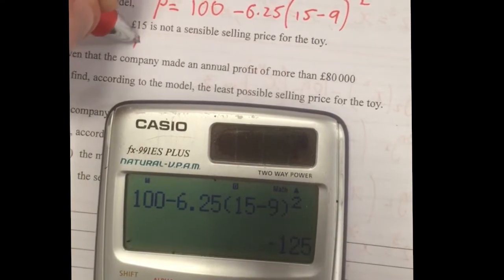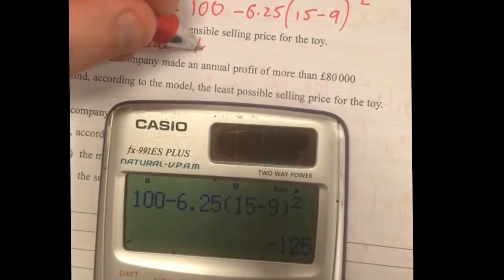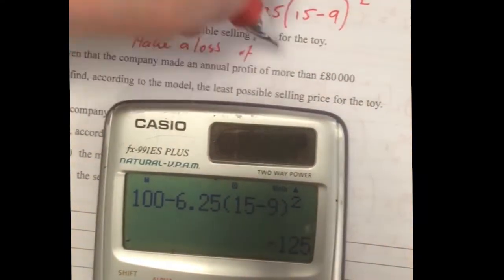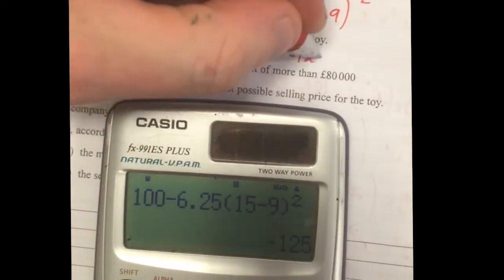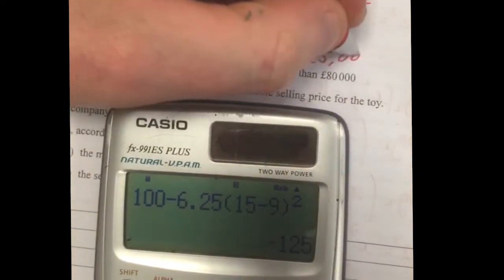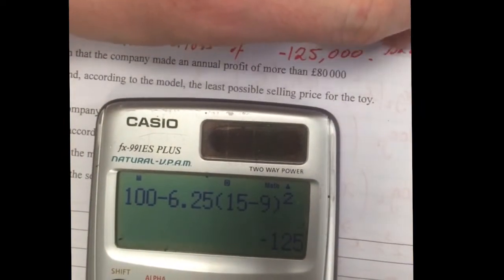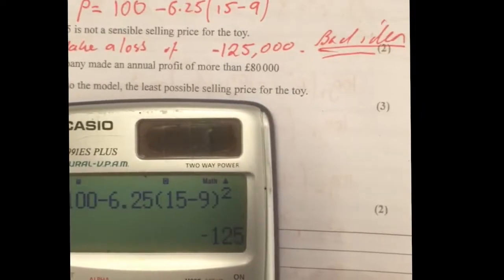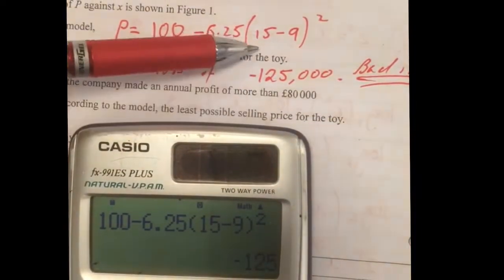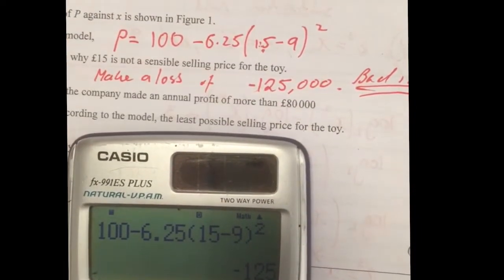So make a loss of 125,000. So that's not a great idea. So bad idea. Some of you got that, but you need to show it numerically. To show that you put it in and show what your loss is.